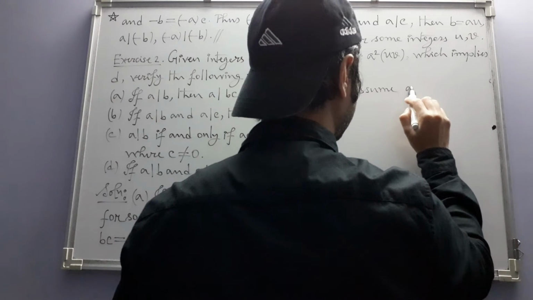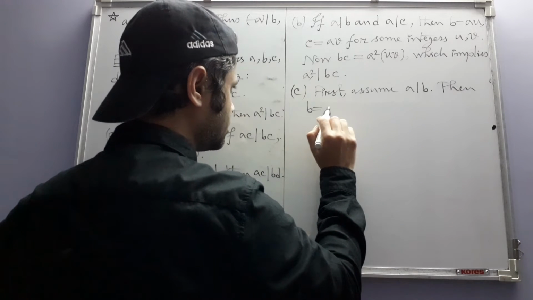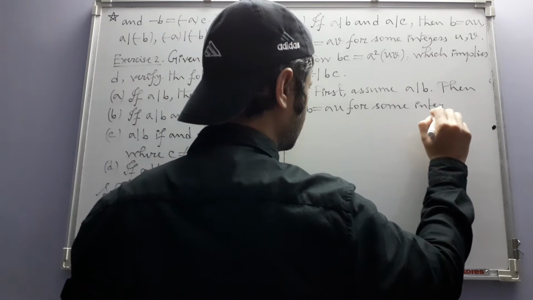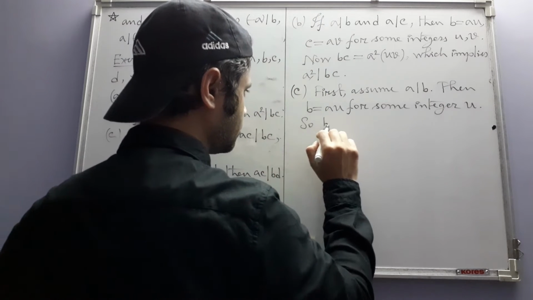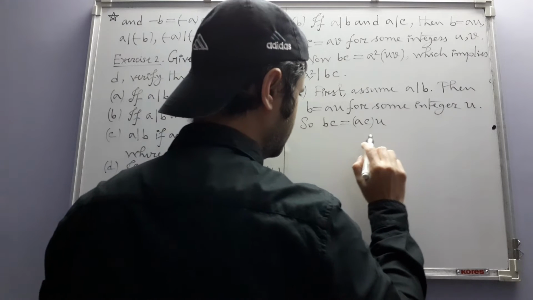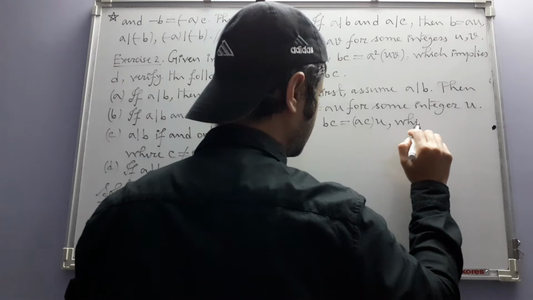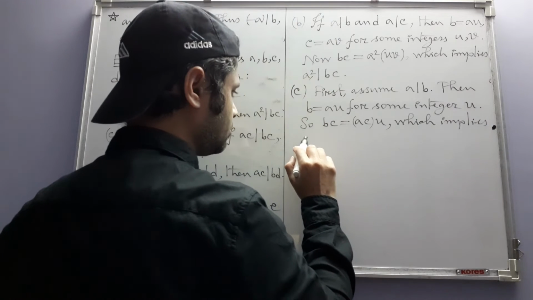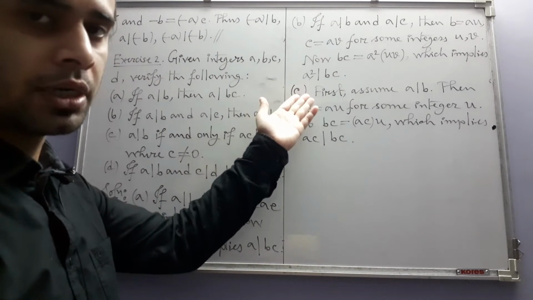Firstly, you assume that A divides B. Then B is equal to AU for some integer U. So BC is equal to ACU, which implies AC divides BC.